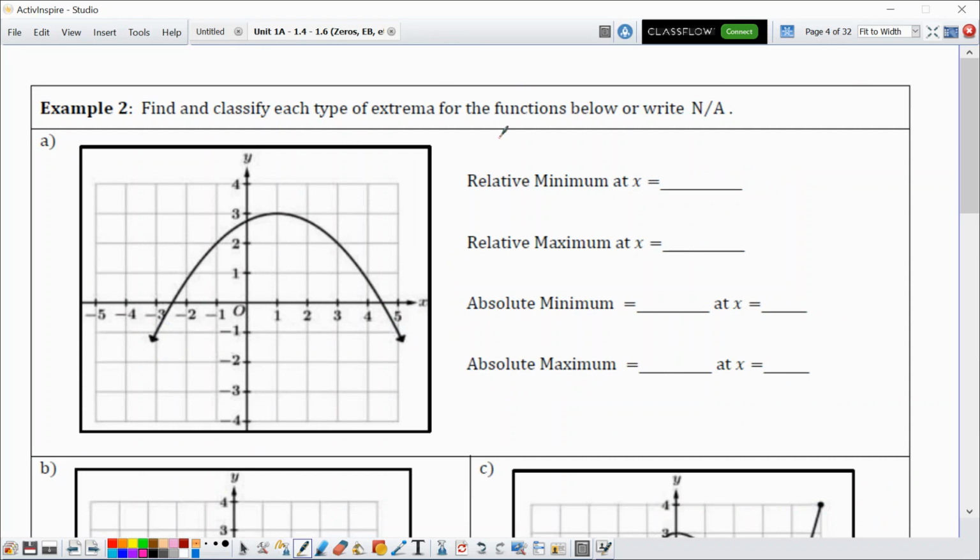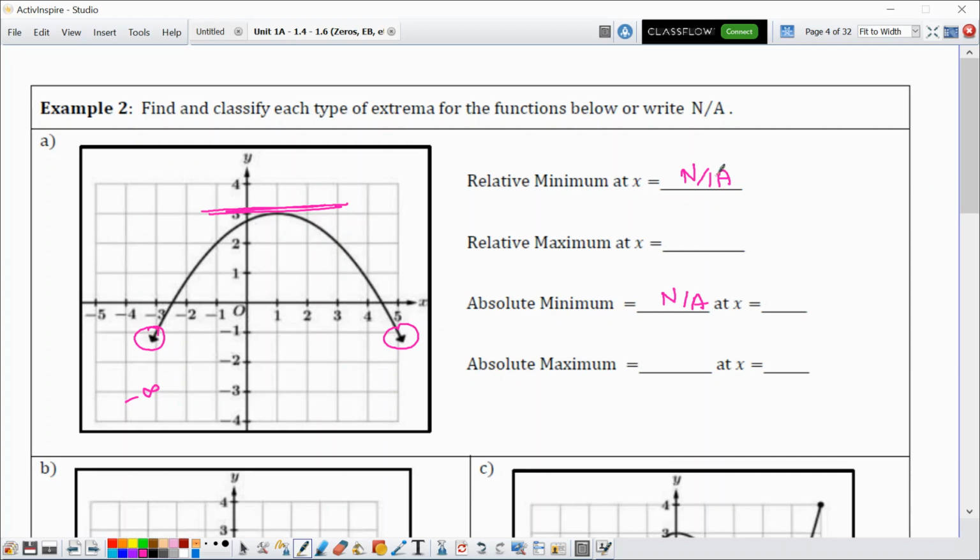Find and classify each type of extrema. First of all, check the arrows. The arrows go down, which means it goes to negative infinity, so there is no absolute minimum. There are no relative minimums either.